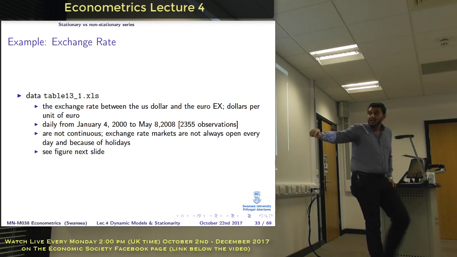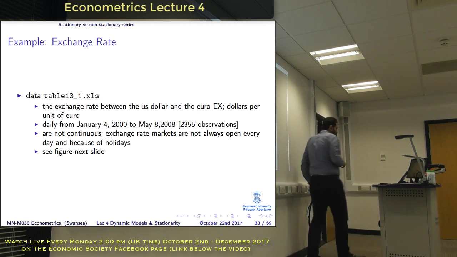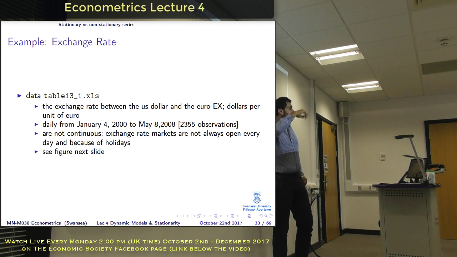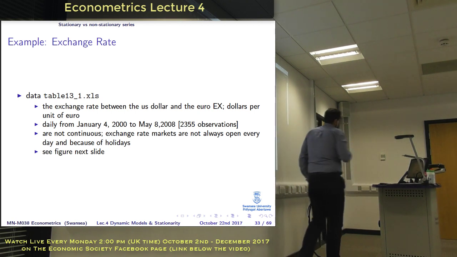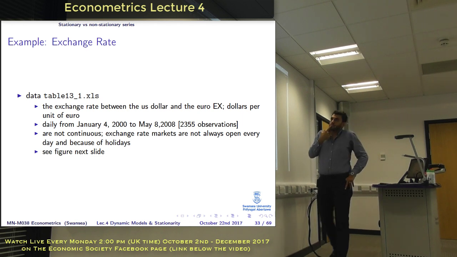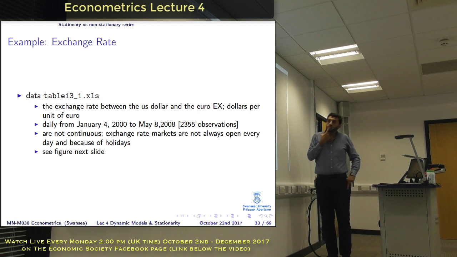But before I do that, this is the data we'll use in this part of the lecture. By the way, the data is on Blackboard under the folder data sets. This data is about the exchange rate between the US dollar and the euro.